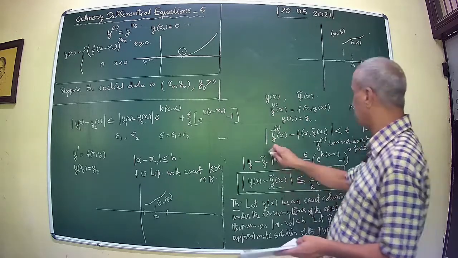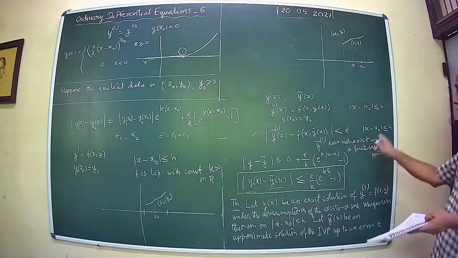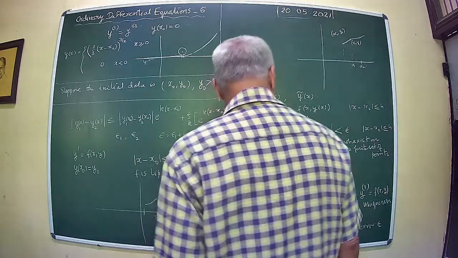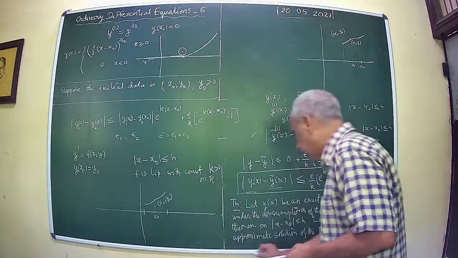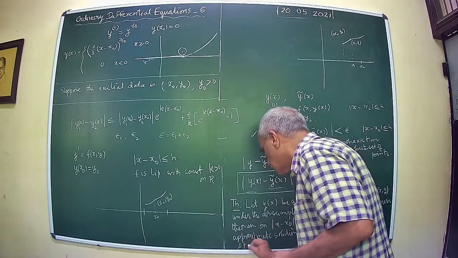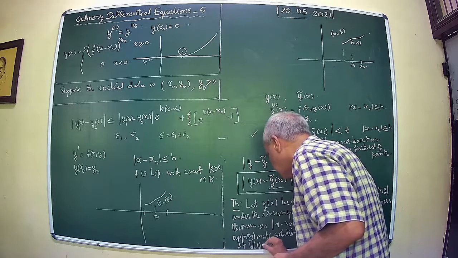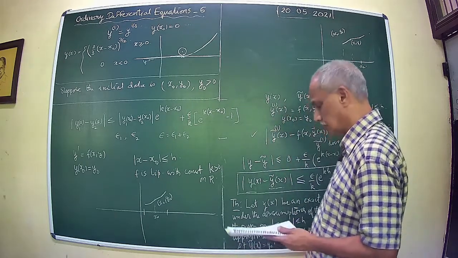That means this condition is satisfied, such that y(x naught) equals y tilde(x naught) equals y naught, same thing.